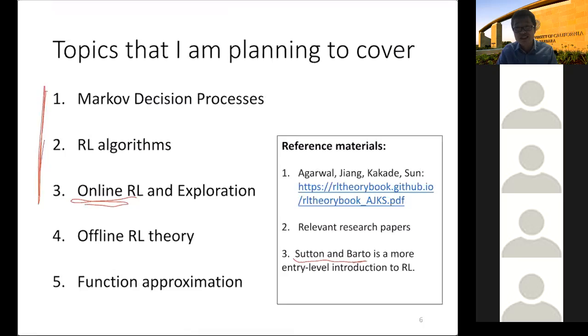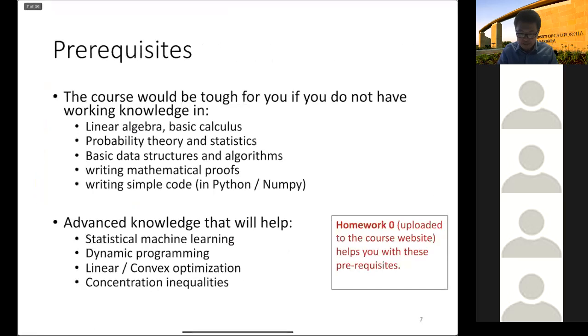It doesn't go into the technical depths of algorithms and theory and how those algorithms work, but it is an excellent textbook for building intuitions about reinforcement learning and learning the related techniques such as dynamic programming.